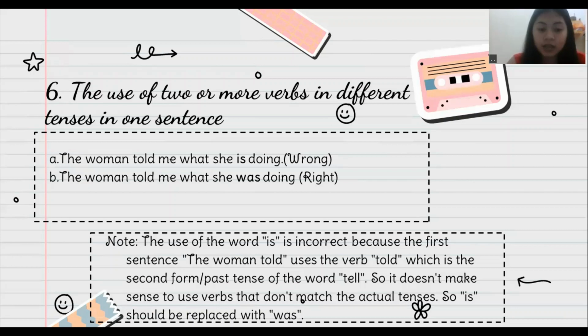Because the use of the word is is incorrect, because the first clause, the woman told, uses the verb told, which is the second form or past tense of the word tell. So, it does not make sense to use verbs that don't match the actual tenses. So, is should be replaced with was.